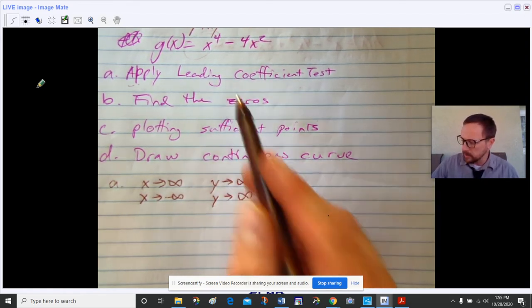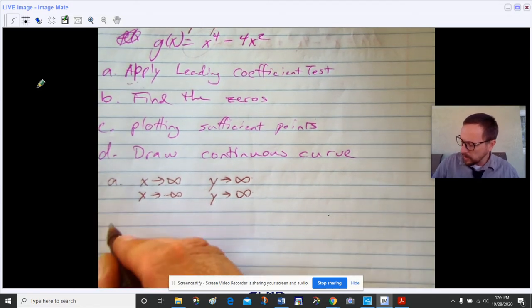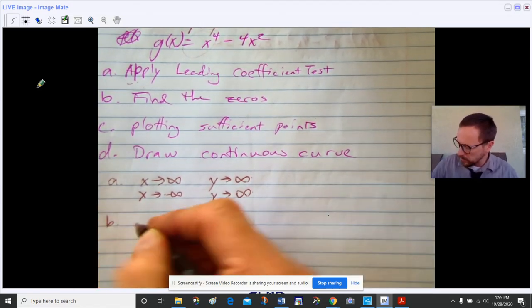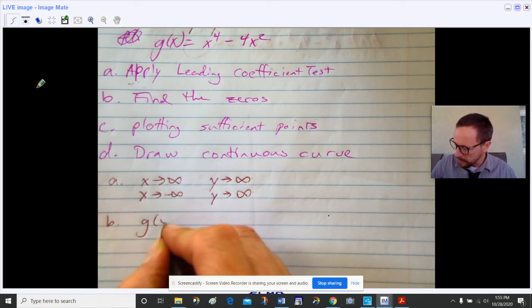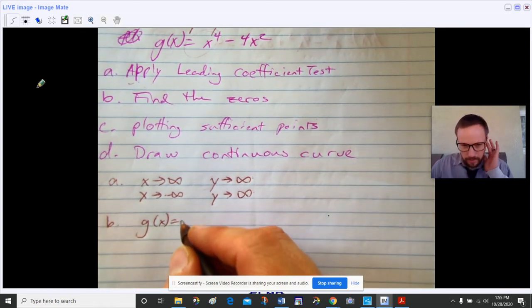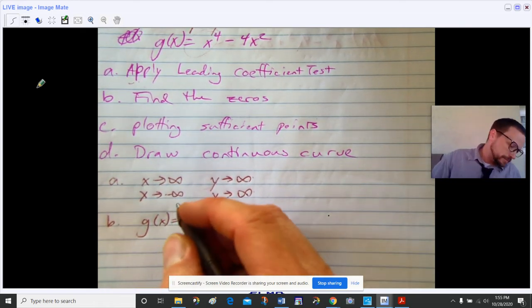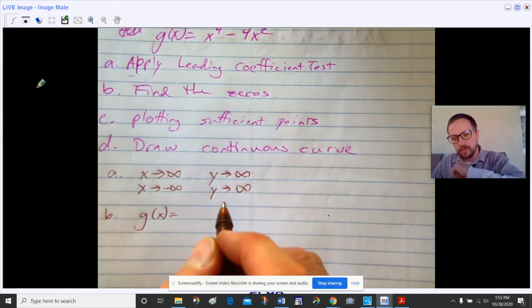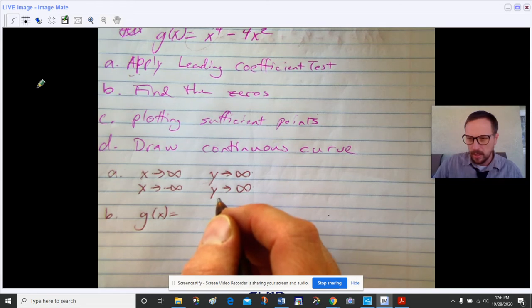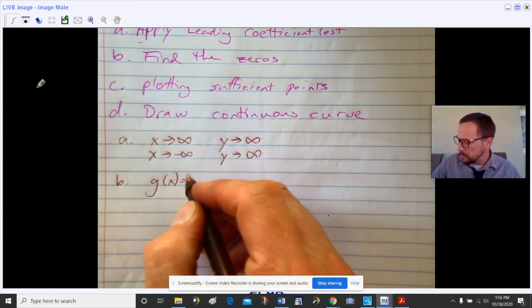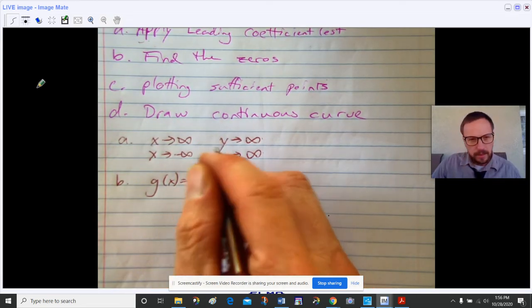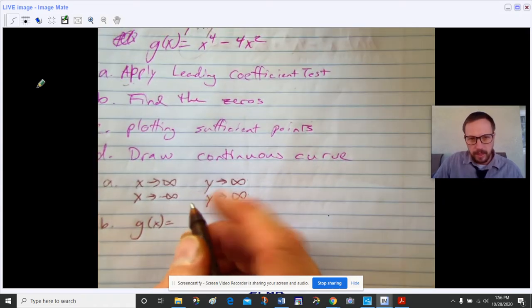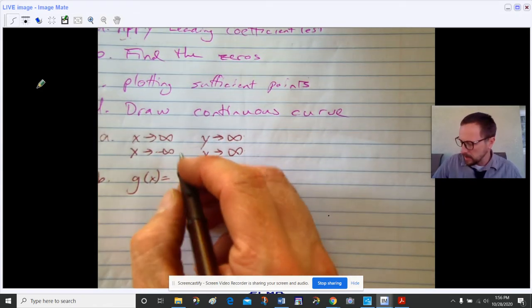Now we want to find the zeros, so B. We're going to use factoring, and these are all ones that we can factor simply. I thought it'd be a good idea to start with ones that we could factor simply, and later on we'll move to more challenging ones. I thought, let's take it slow this year because it's a messy year.